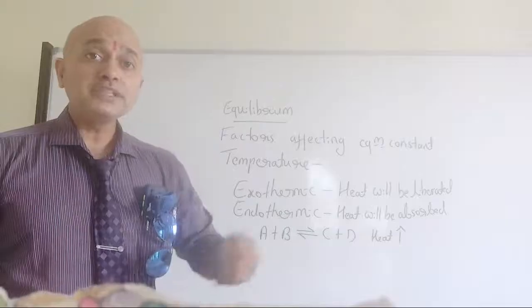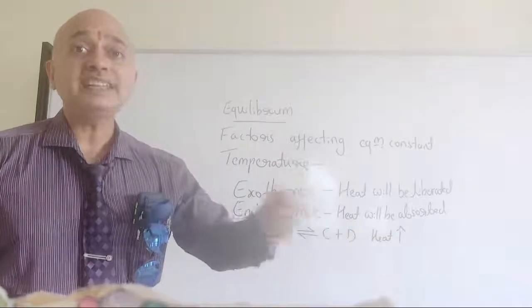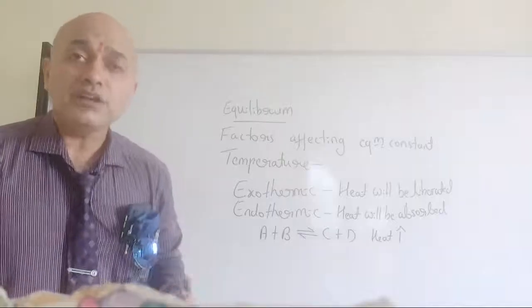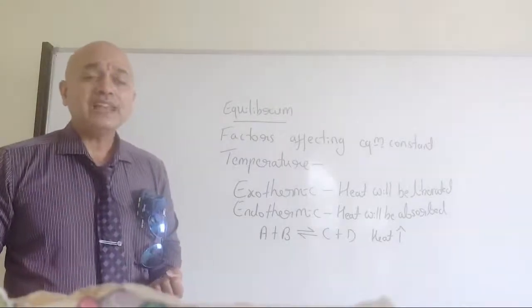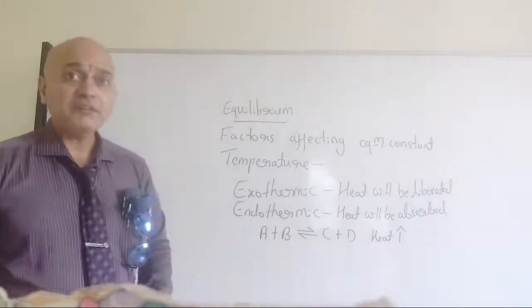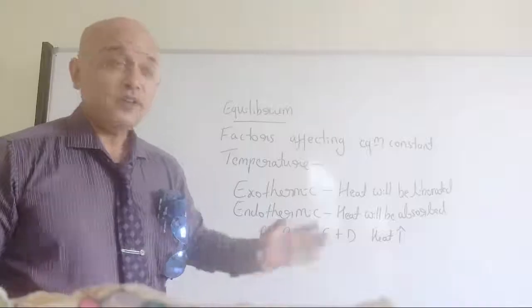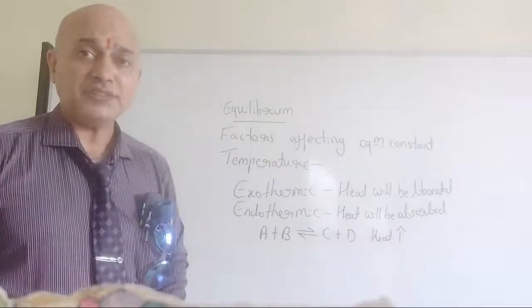We will put it under a Bunsen burner and heat the test tube. What do you think will happen? If I am going to heat the solution, whether the forward reaction will happen or the backward reaction will happen.